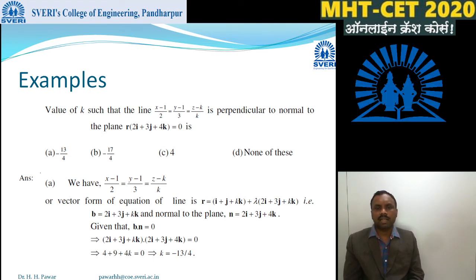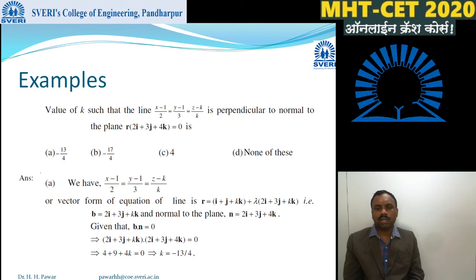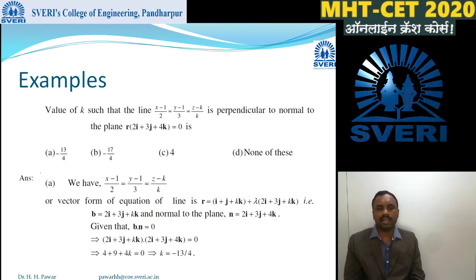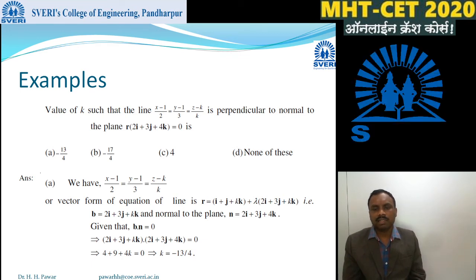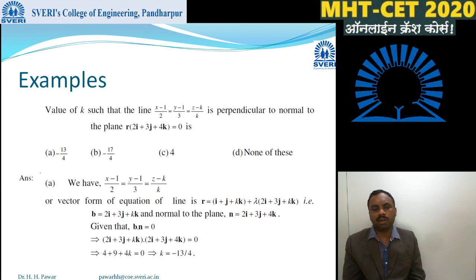As the equation is given in Cartesian form, we have to convert it into vector form of equation. As here the line passes through the point 1, 1, k, so first the vector a bar is equal to i plus j plus k into k cap, and with direction ratios 2, 3, k, that is the direction vector b bar equal to 2i plus 3j plus k into k cap.